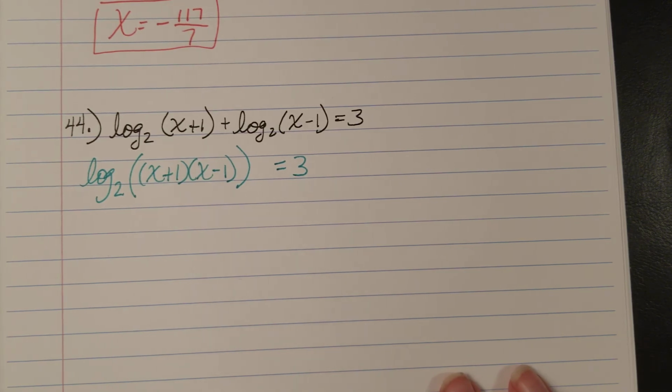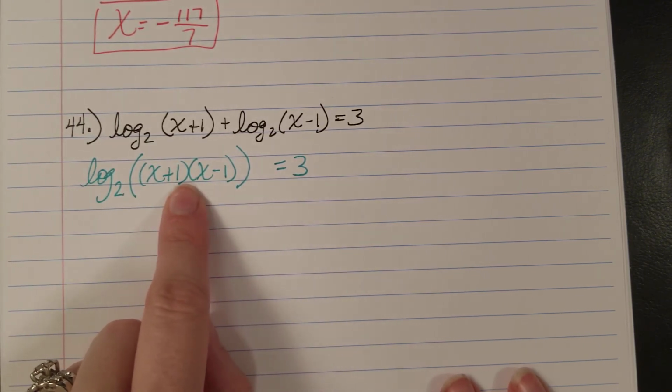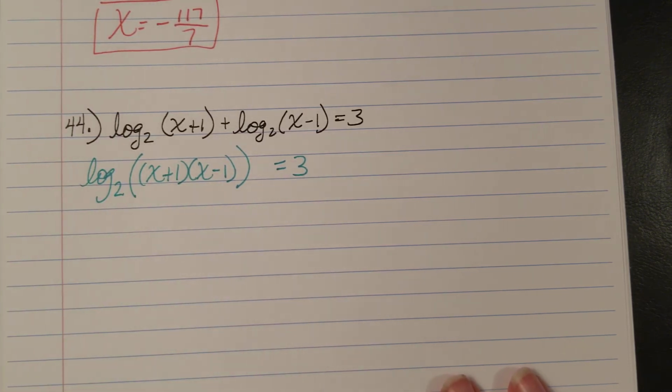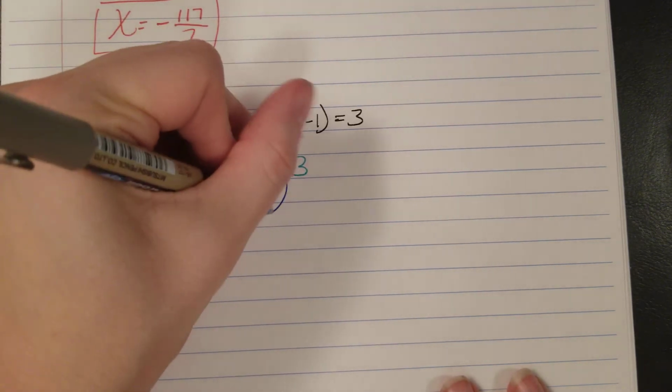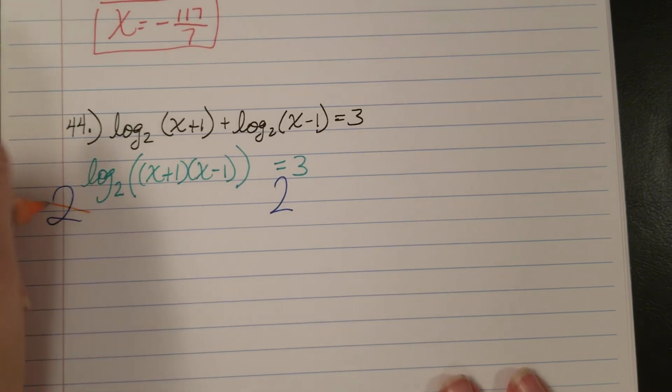Okay, so two things are going to happen. It doesn't matter which one we do first. One thing is we're going to FOIL those, and the other is we're going to get rid of the log by putting a big 2. So we can maybe even combine those steps. We put the big 2 there, and then we're able to cancel that and that.